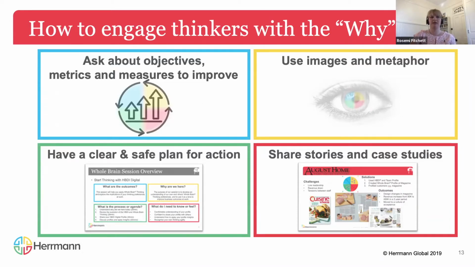I need to make sure that you are feeling connected, that you know the steps and the process. Often how I would do that is I would make sure that my plan is whole-brained, targeting each of the quadrants: the why we're in the session, the what we're here to achieve, what the feelings are you need to make sure you're comfortable with, and the process or agenda.